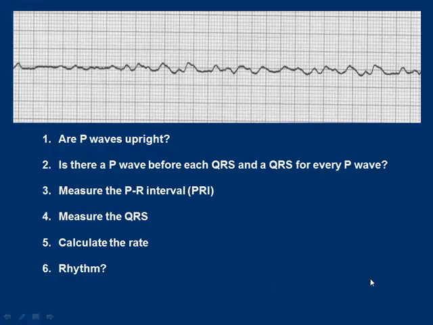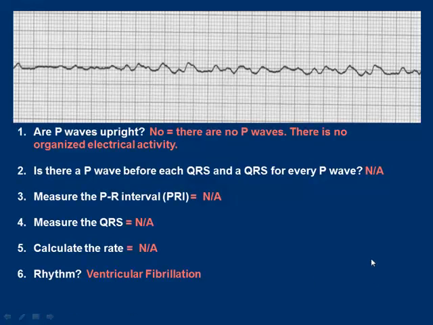Again, pause your computer and try to identify what this is. Most of you probably know already what this is. When you look at the P waves, you say there aren't any P waves. Maybe those are P waves, but I don't know. There's just no organized electrical activity.